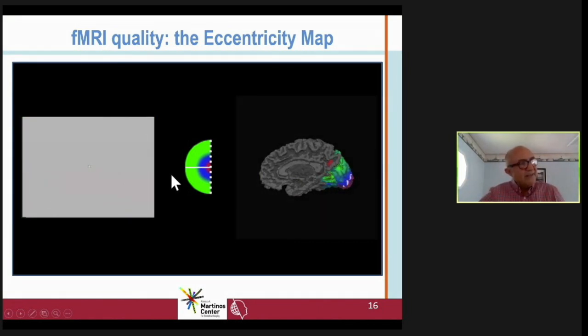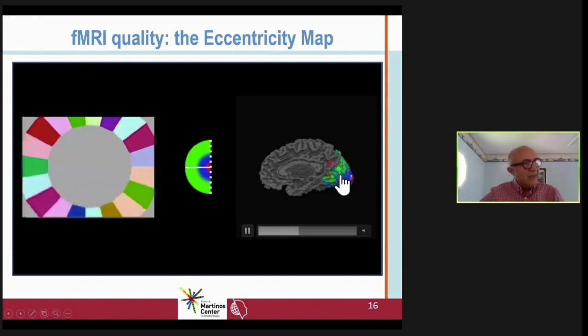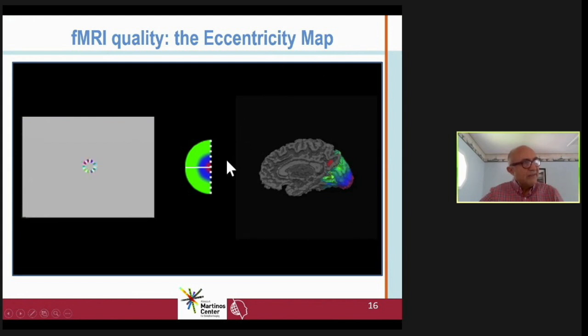In the 1970s, Eric Schwartz showed that a ring in the visual field, if you were fixating right in the center of the field, would be represented as a line in your cortex. This is called the eccentricity map.